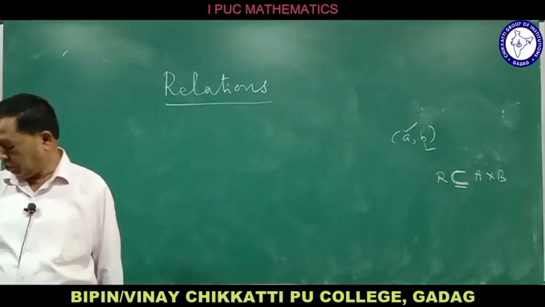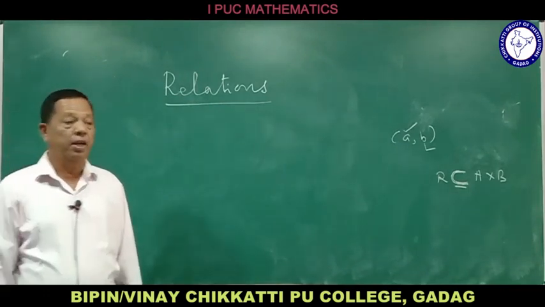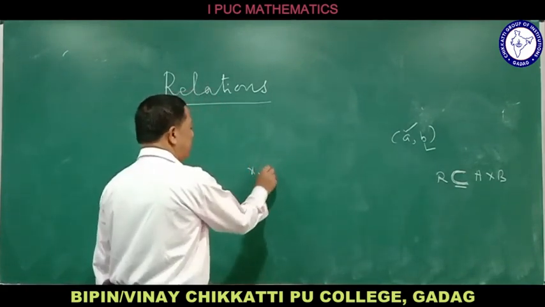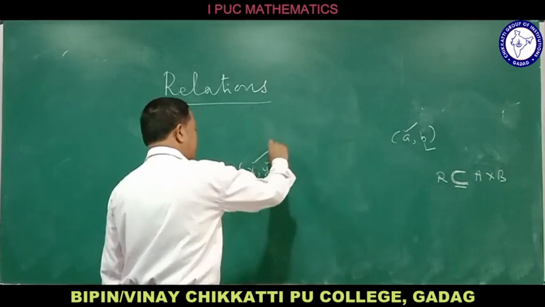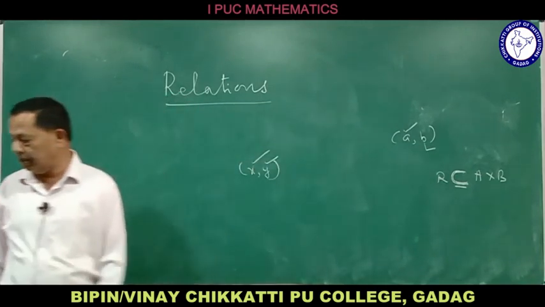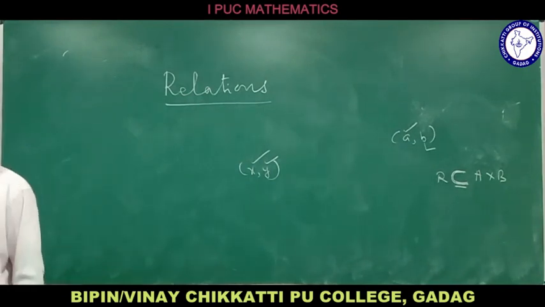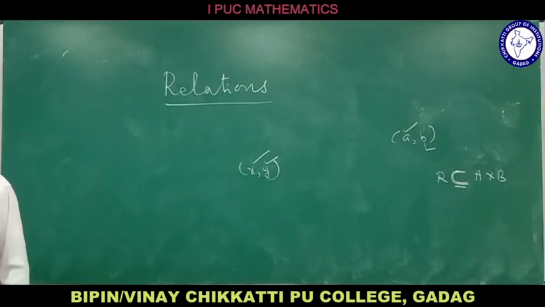Once again, for example, if I say (x, y), y is the image of x. This is the basic concept that you have to understand. The second element is called the image of the first element.